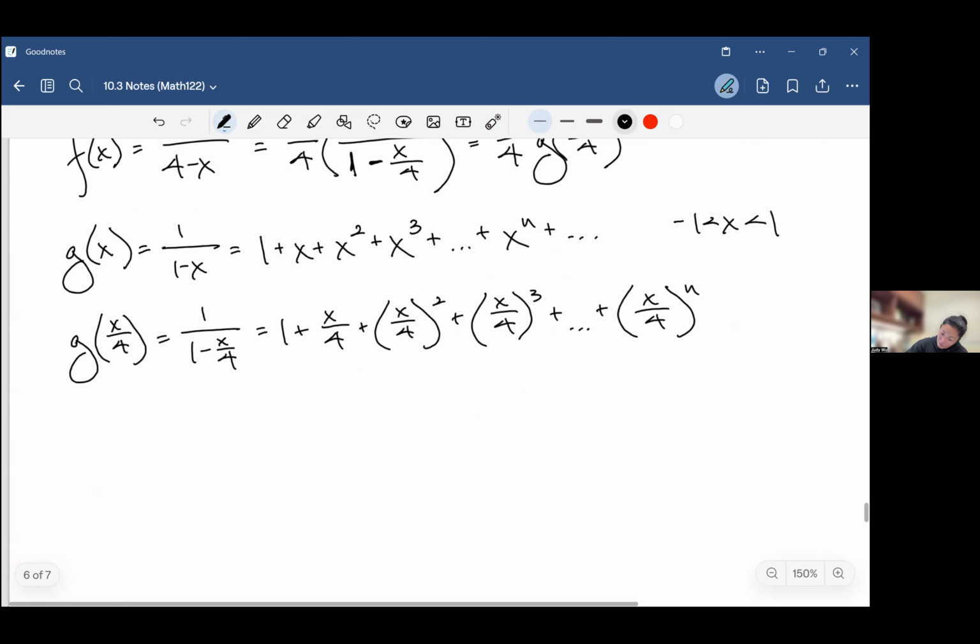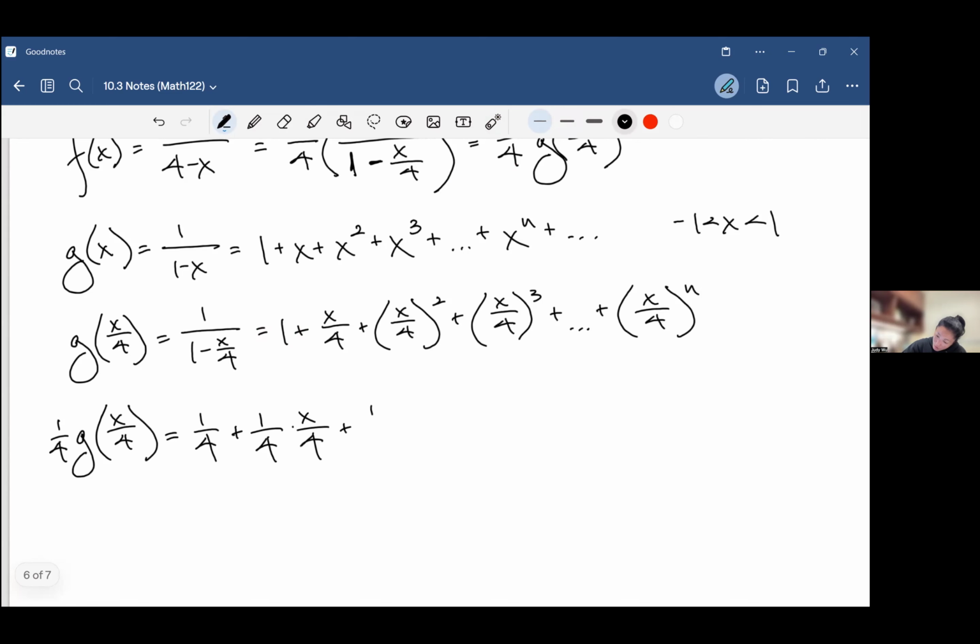So 1/4 g of x over 4 is going to be 1/4 times that 1, which is 1/4, plus 1/4 times x over 4, plus 1/4 times x over 4 squared, which I'm actually just going to write as x squared over 4 squared. And here's where it's like, don't write 16. That's not going to be helpful. But 4 squared is going to be helpful.